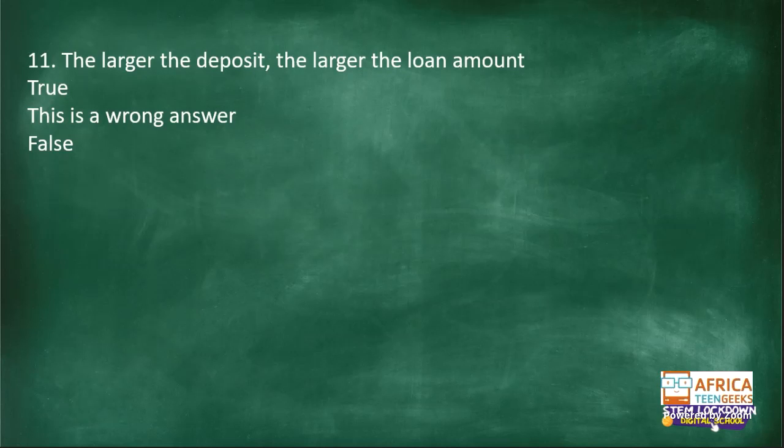Just take a practical example. If I have to give you a loan, let's say that you are buying a cell phone, and the cell phone costs about 3,000 rands, and you have to pay some deposit there.